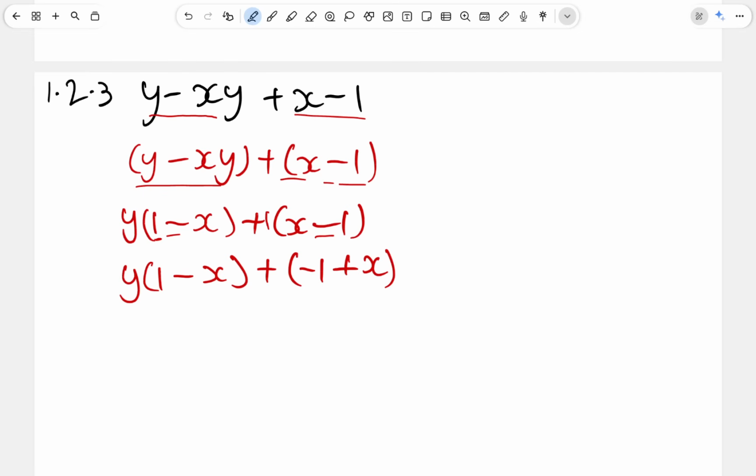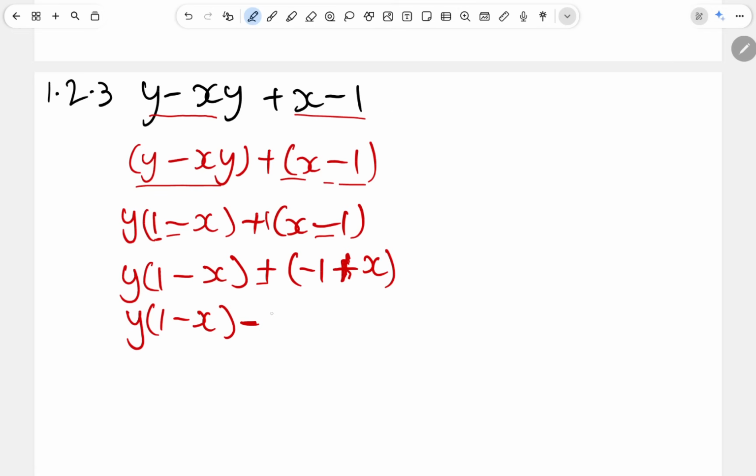So here what we will do, we will take out a negative sign. When we take out the negative sign, here it will change, it will be negative.